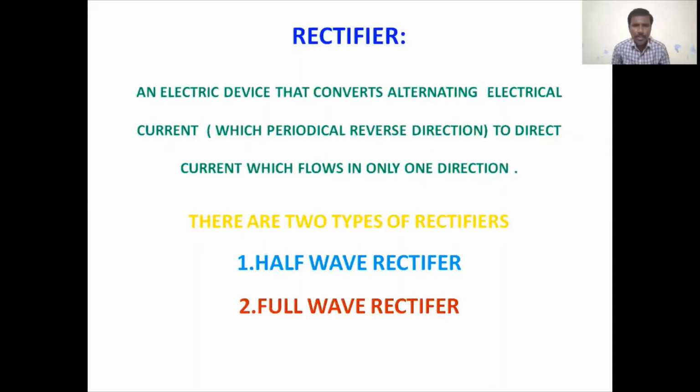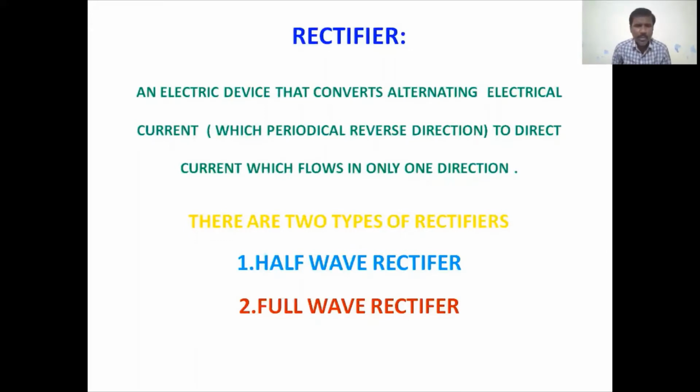With respect to time, its frequency changes. The second one is direct current, called DC. There is no change of frequency of this current. With respect to time, the frequency is constant. That is called direct current.